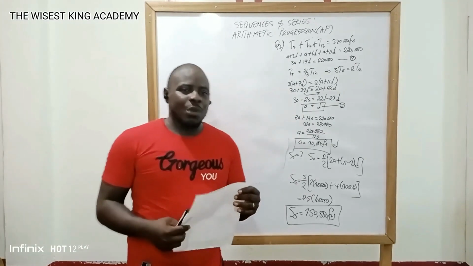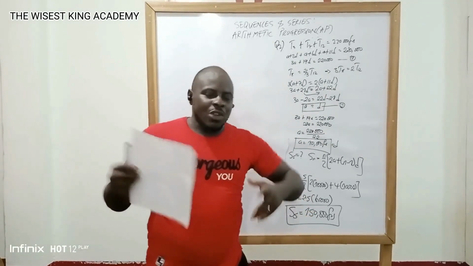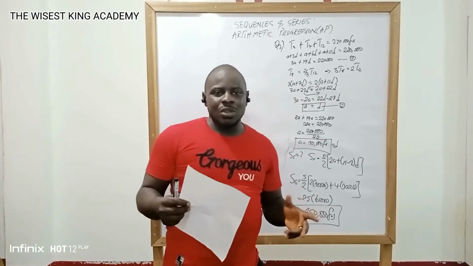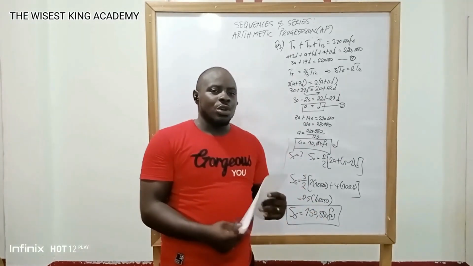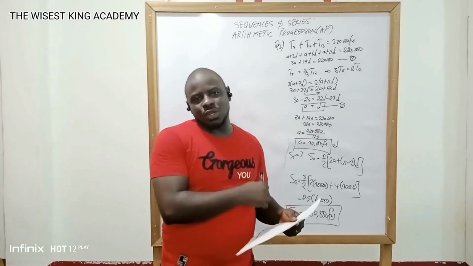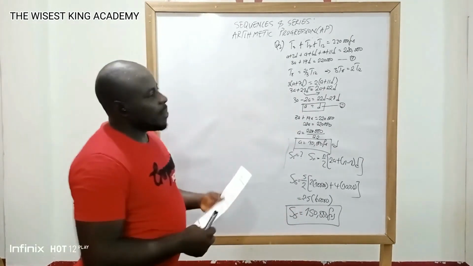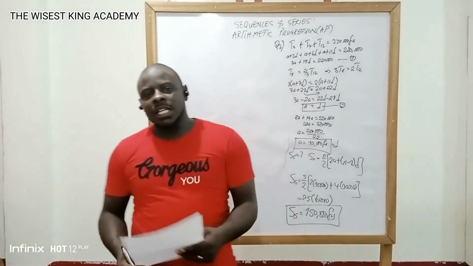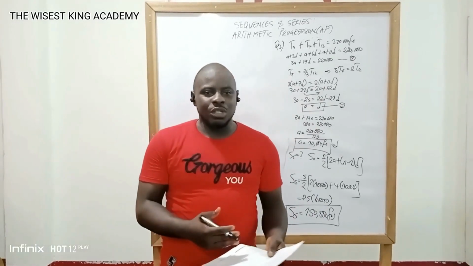But if you're really determined, if you have a printer, you can print this question. It will help you a lot, so that as you're going through the video, you can see what we are solving. But if you have 2 devices, you can download the question in one, and while you're watching on the other one, you can see.